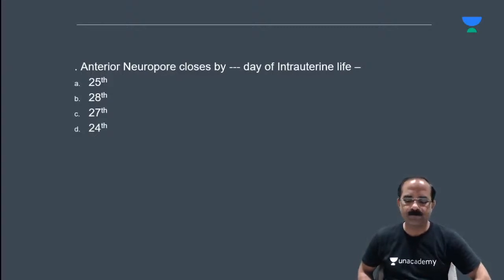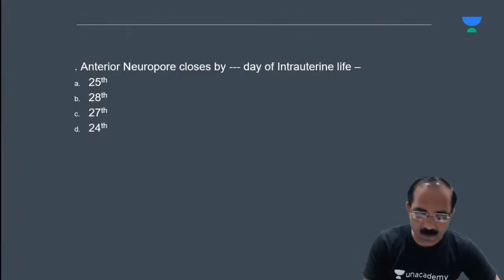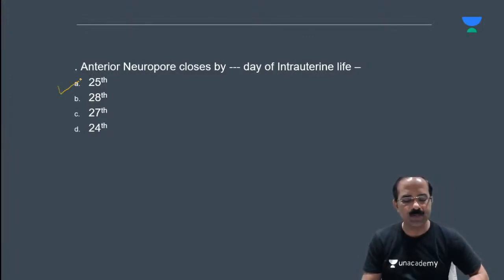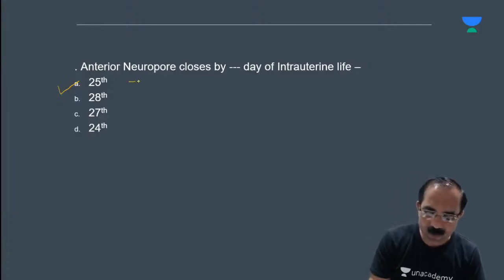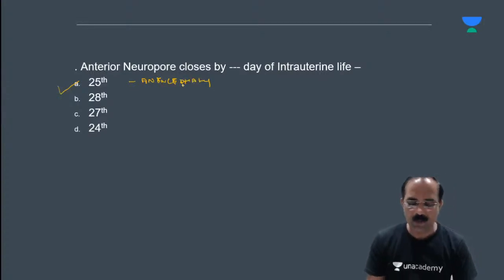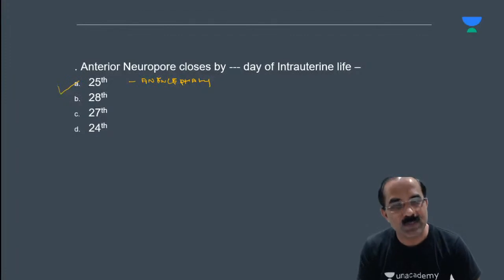Anyone? 25th day, very good. Anterior neuropore closes by 25th day of intrauterine life. If it does not close, it results in anencephaly.